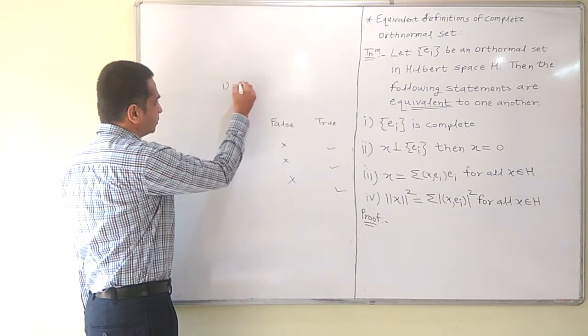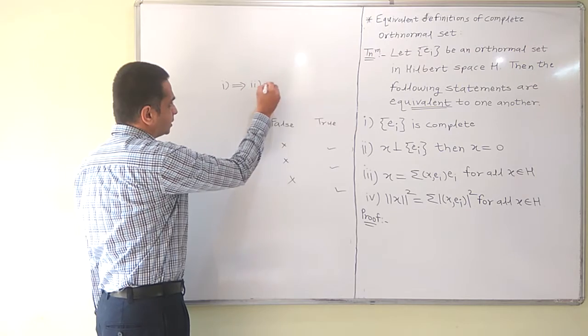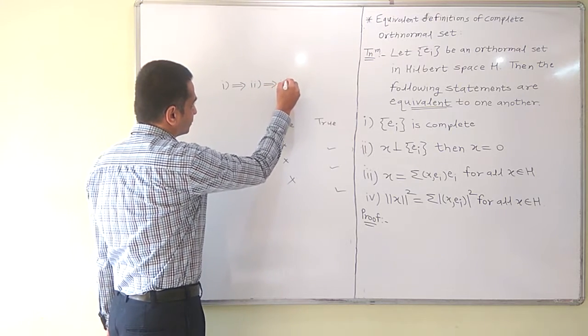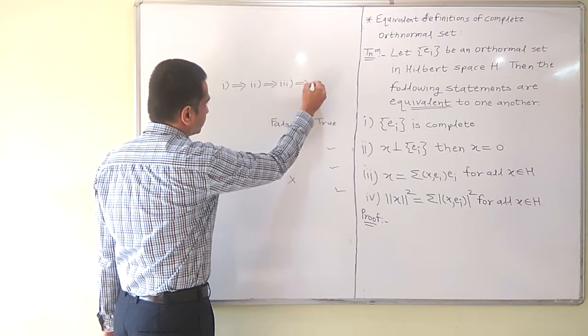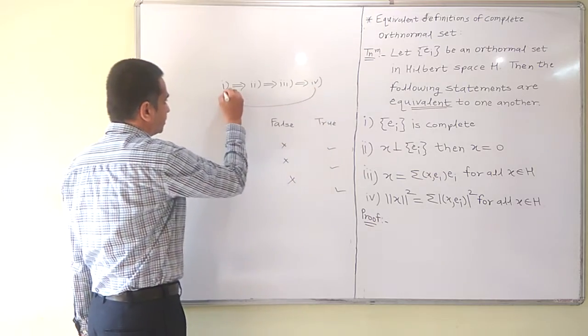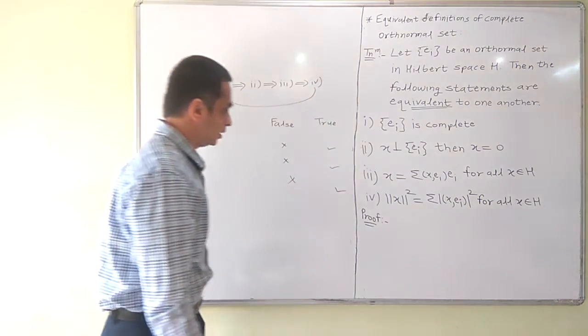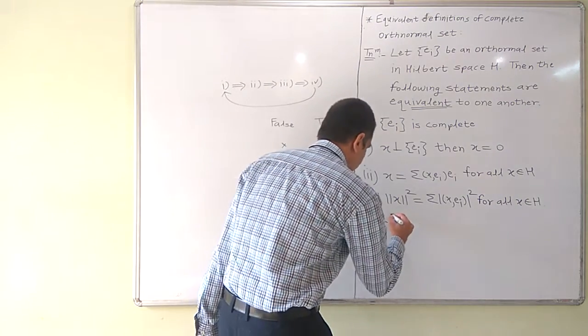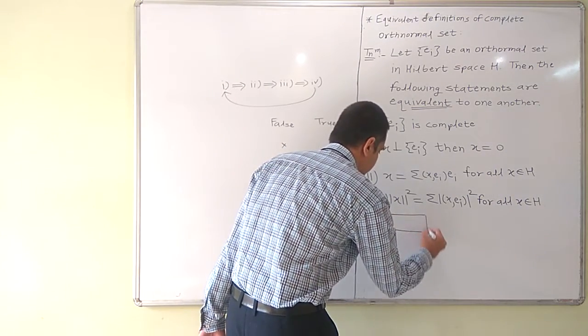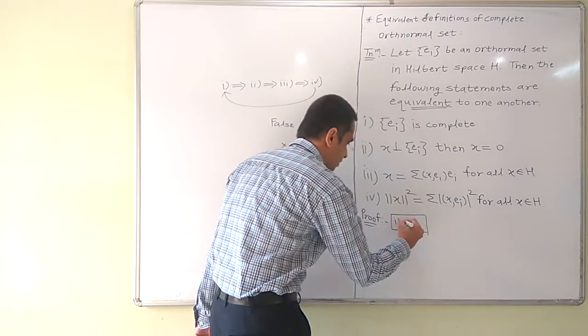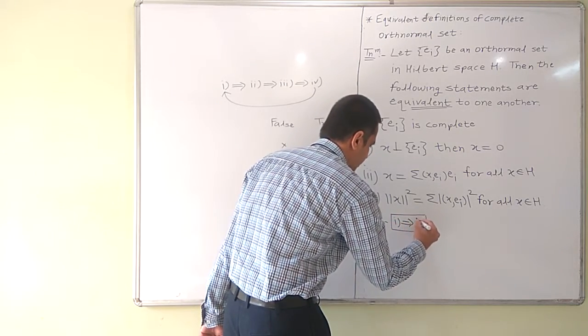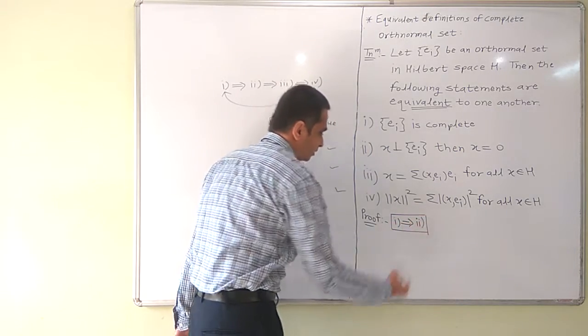We are going to prove first implies second, second implies third, third implies fourth, and then fourth implies first. So first, the proof that first implies second. This is what we are going to prove.